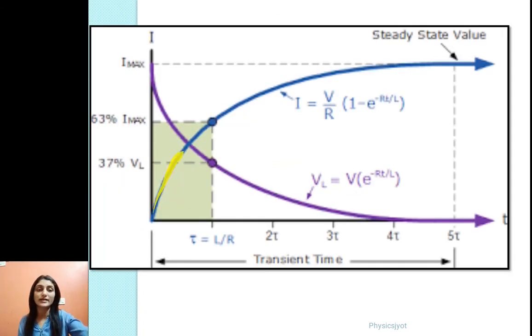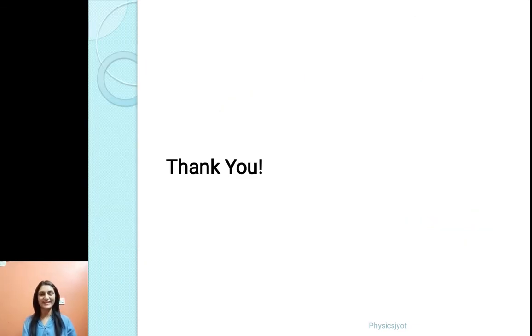This is the current growth curve where the steady state value is reached over here, and this is the decay, like this. So here we have plotted the current on the y-axis and time on the x-axis. So it is like this. Okay. Thank you so much.